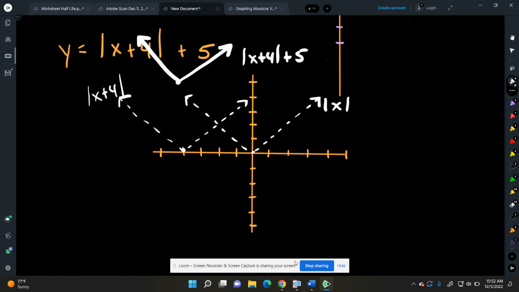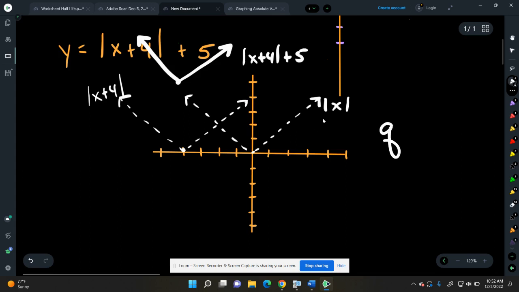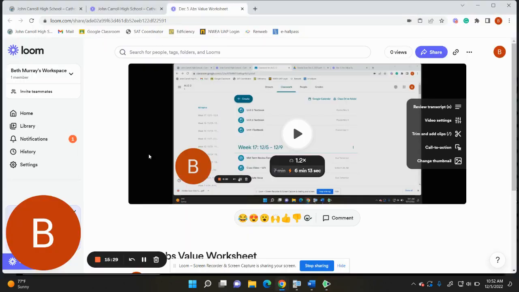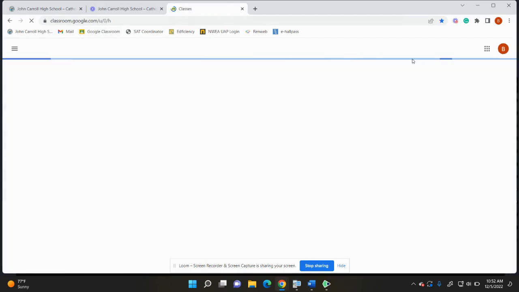Okay. Any more questions? We have a quiz tomorrow or Wednesday on this, okay? You need to show your work, which means I need to see the dotted in between stages and I need to see them labeled, okay? For now, there's a worksheet in Google Classroom. There will be a worksheet in Google Classroom as soon as I release it.